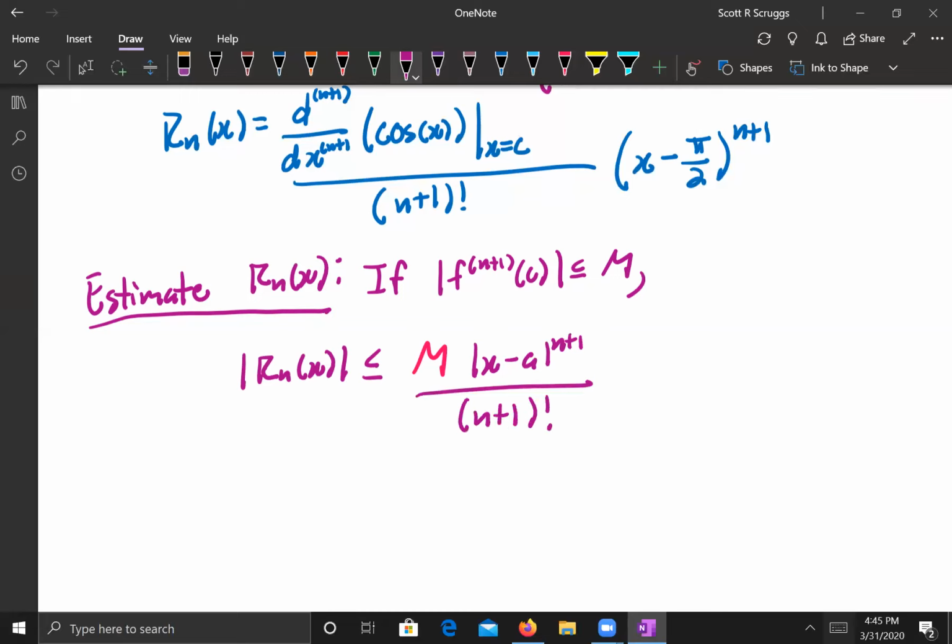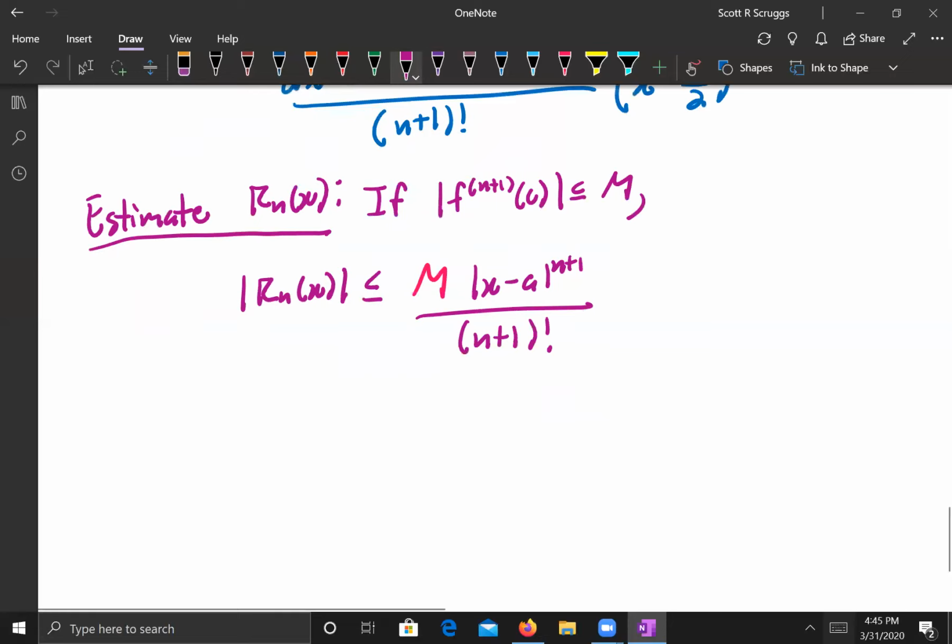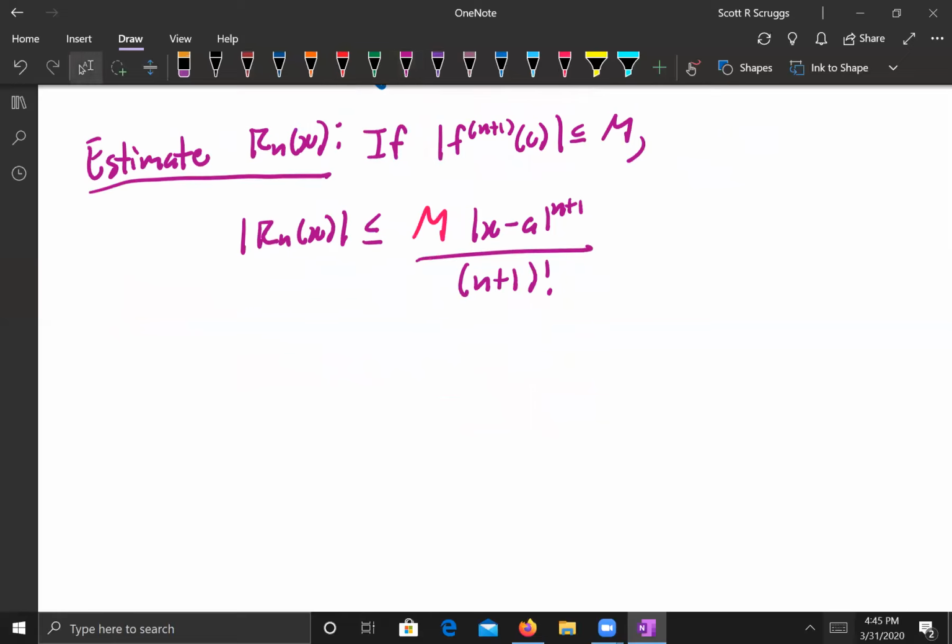And that's going to be our main idea of how we try to estimate the error.